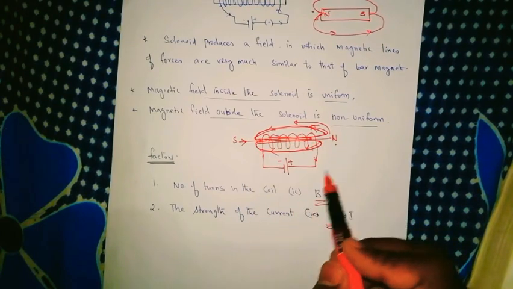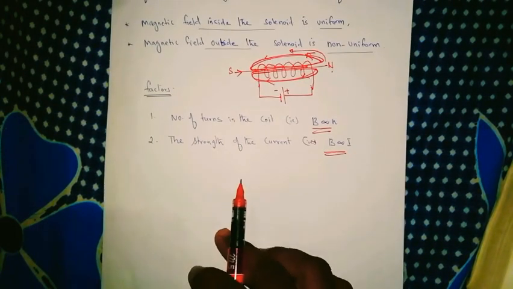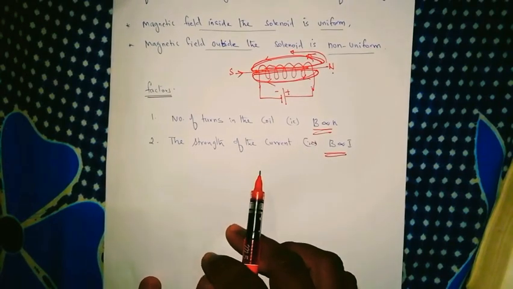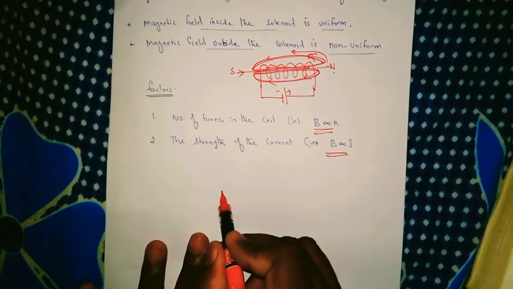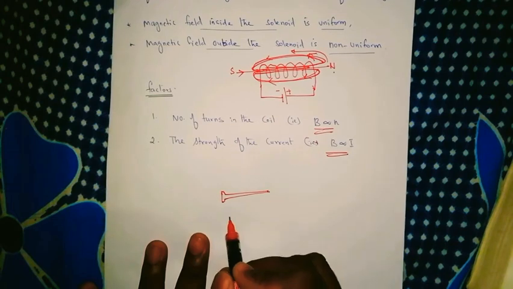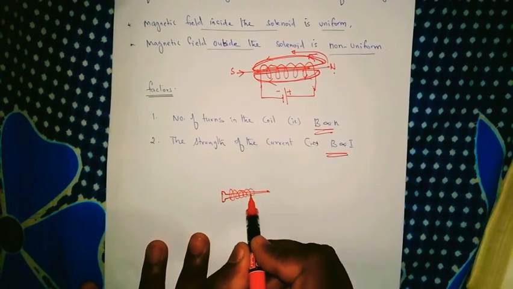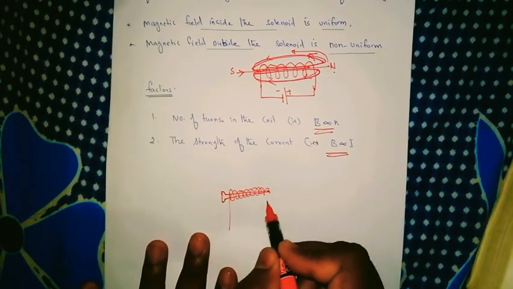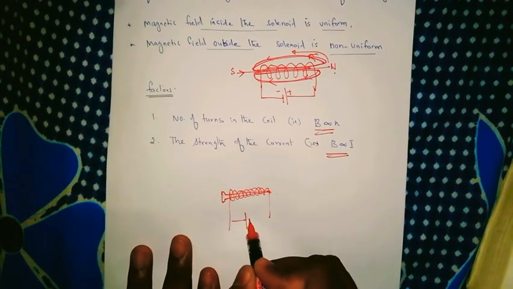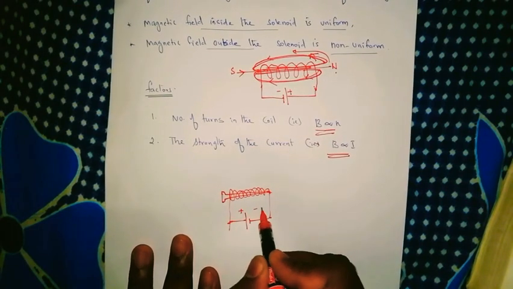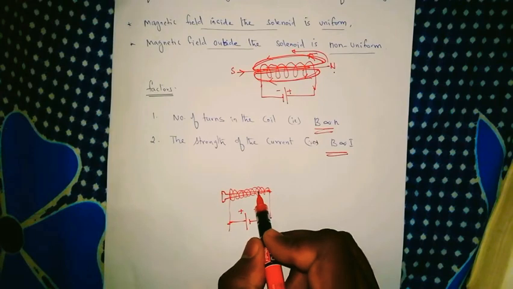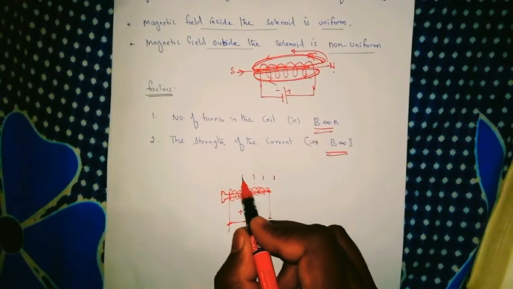Okay, from this what are we understanding? We are understanding about electromagnetism. Even you can take an iron nail and wind lots of copper wire on it, and connect it with the positive and negative of a battery. You know what happens? This iron nail will act as a magnet.